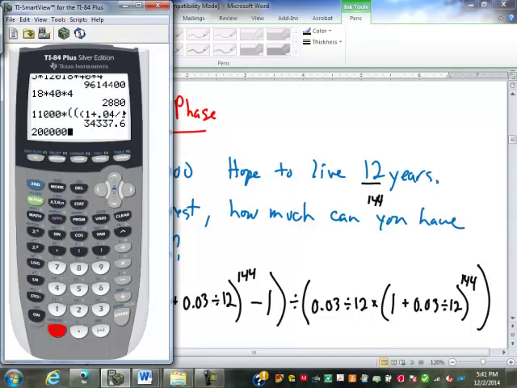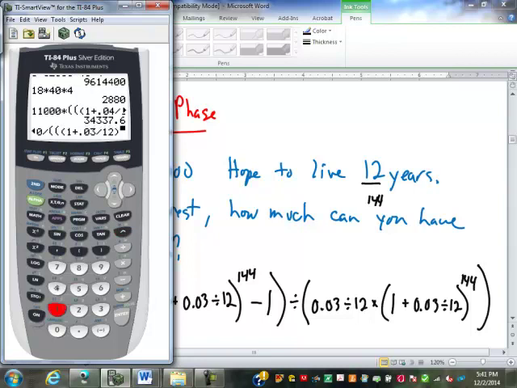200,000 divided by open parentheses, 1 plus 0.03 divided by 12. Close. Power 144. Minus 1. Close, divided by open 0.03 divided by 12, times parentheses 1 plus 0.03 divided by 12, close, power 144, close.